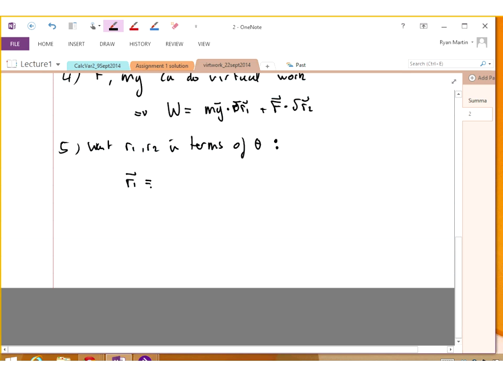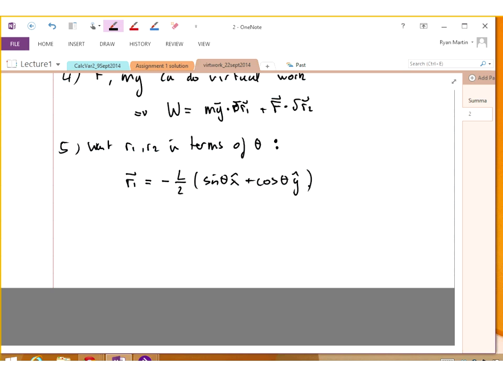So the x component of the R1 vector, it's in the negative direction. And so it's minus L over 2 times sine theta is the x component plus cos theta y hat is the y component. Is that correct?